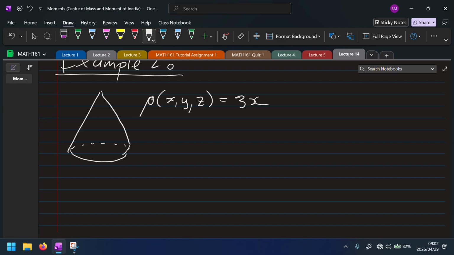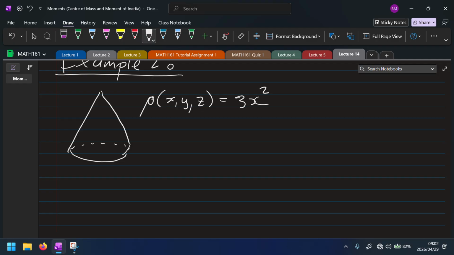Yeah, we'll keep it simple. 3x. Yeah. 3x squared. Sorry. Okay, 3x squared. Okay, so if we are at the center of the cone, going through the middle, the density is very low. But as you move along x to the one end of the cone and the other end, the density is going to increase.